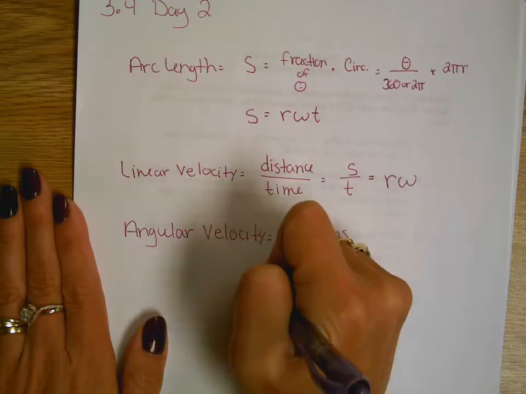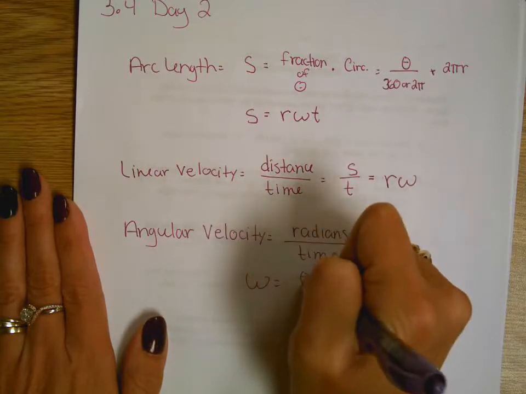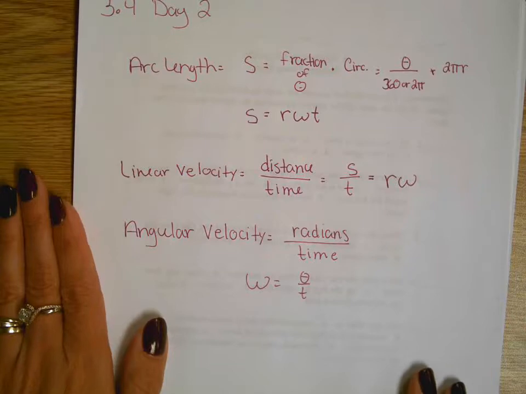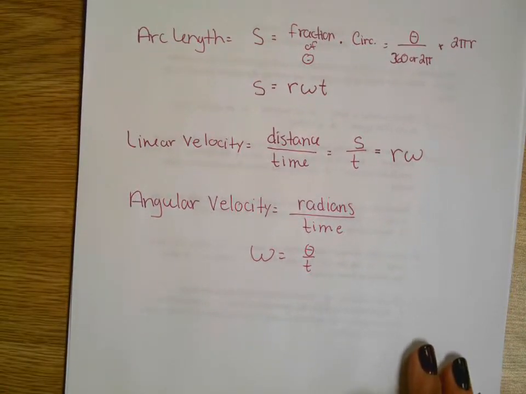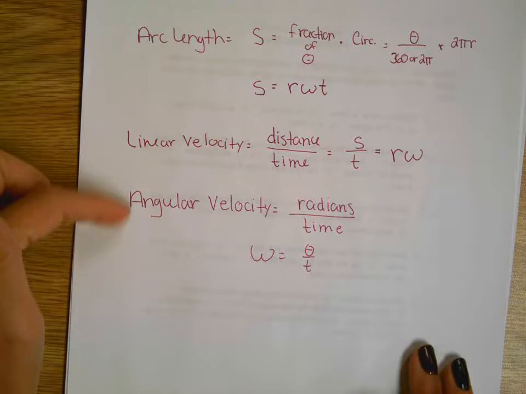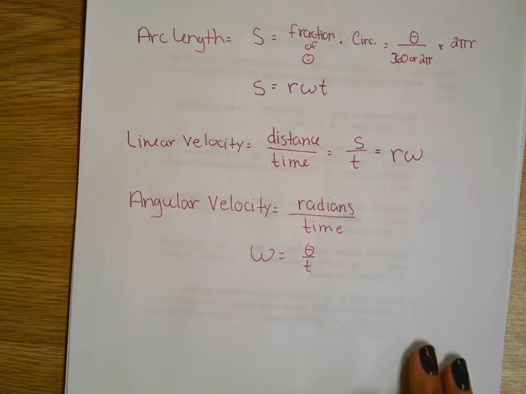Oh, I forgot my little letter. So omega equals theta over t. So only one formula for that. We did have one other formula for area, but the area doesn't come into play with any of these velocities. That's why it's not in this section, so I'm not going to bother putting it down here.